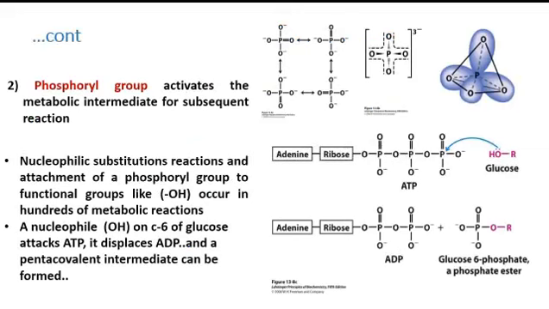So let's talk about the phosphoryl group transfer. Transfer of phosphoryl group plays very special roles in metabolic pathways as it is a component of ATP. In this model, we can see that 3 oxygen atoms are bonded to the central phosphorus with a single bond, whereas one forms a double bond.